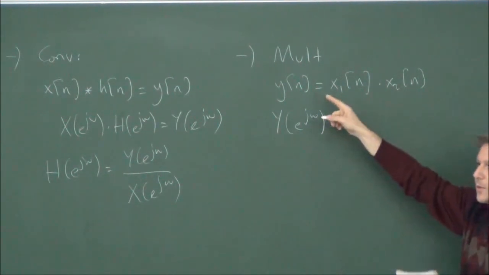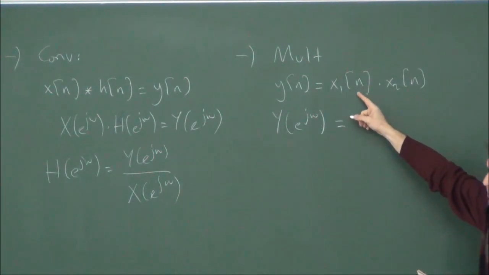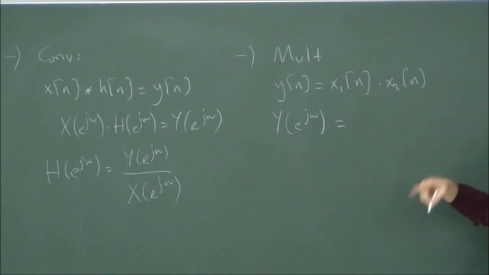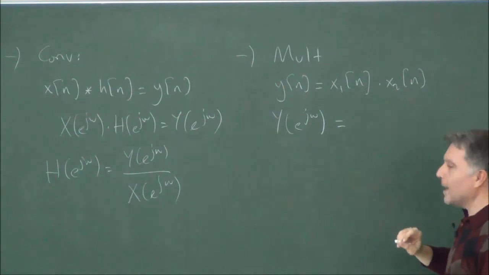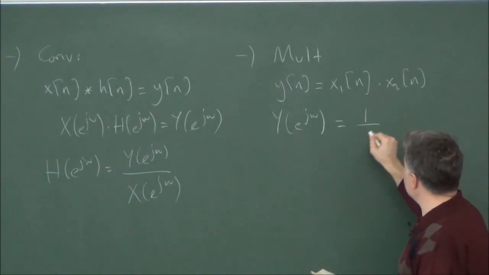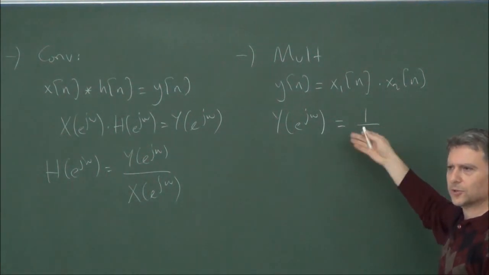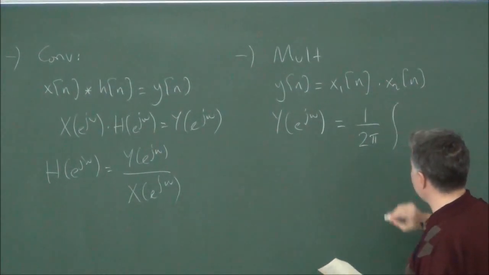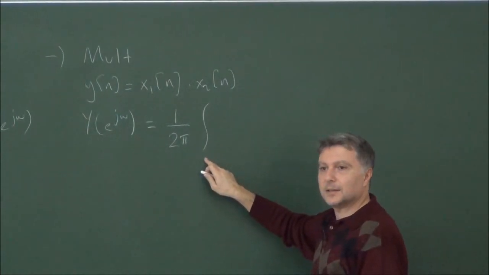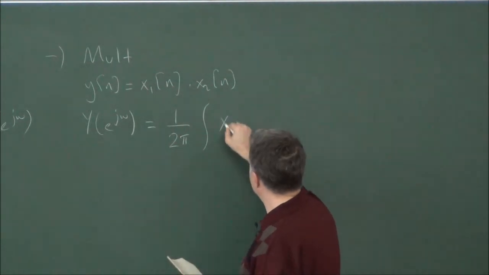The Fourier transform of this multiplication output, in terms of the Fourier transform of this and the Fourier transform of this, must be a convolution. And it is indeed a convolution, but it's a little bit different. There's a 1 over 2 pi, as we already have in continuous time as well, so that's not a big problem. This integral, I'm not indicating the limits yet, but the limits are important.